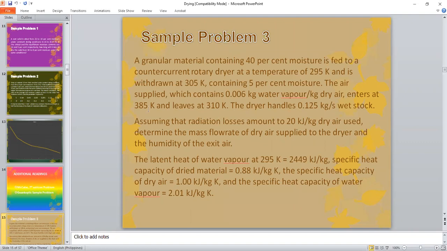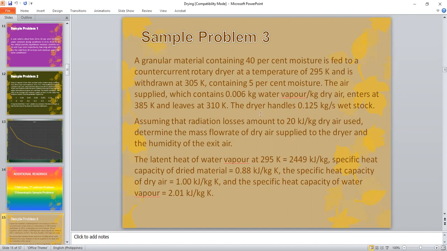Yes, Miss. Okay. So we're given a granular material containing 40% moisture and is fed to a countercurrent rotary dryer at a temperature of 295 Kelvin and is withdrawn at 305 Kelvin containing 5% moisture. Now the air supplied, which contains 0.006 kilogram water vapor per kilogram dry air, so this refers already to the humidity of air, enters at 385 Kelvin and leaves at 310 Kelvin.